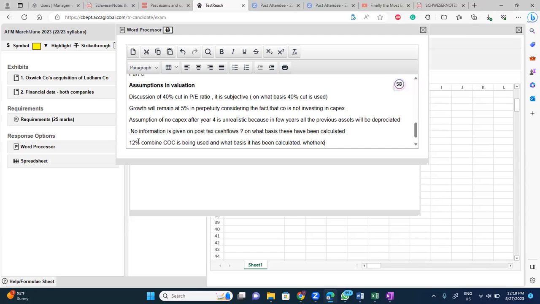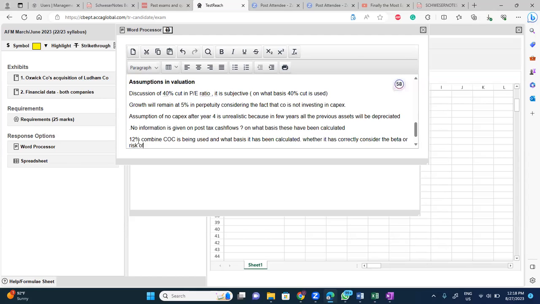Whether it has correctly considered the beta or risk of the combined company or not, you have no idea. The combined rate is assumed and given. You have no information on how it has been calculated.